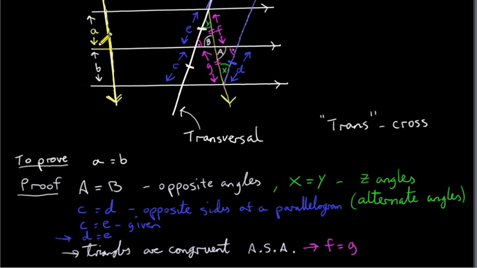But now look, we go back out to this parallelogram, and we see that side F is opposite side A in this parallelogram. This is a parallelogram because this line is parallel to this line, and this line here is parallel to this line.